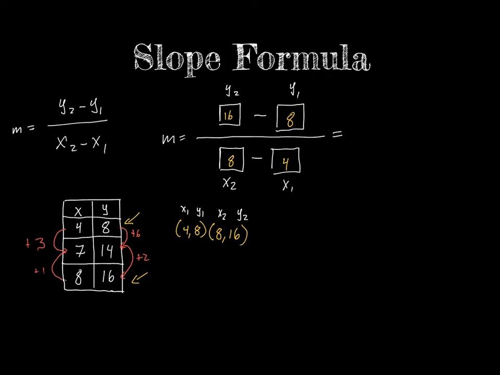So 16 minus 8 is 8, and 8 minus 4 gives you 4. 8 divided by 4 is going to give you 2, and that is your slope. You know that m equals 2 for this problem.